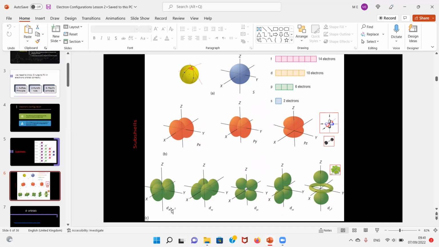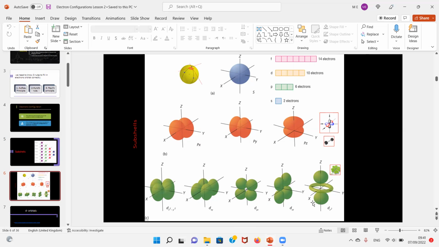As you can see here, the dxy, dyz, and dxz all lie in between the axes, the X and Y, or the Z and Y, etc. And then you've got the dx squared minus y squared, and you'll find them on the axis.